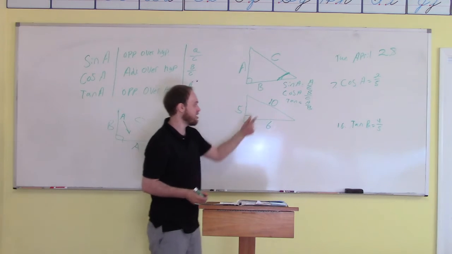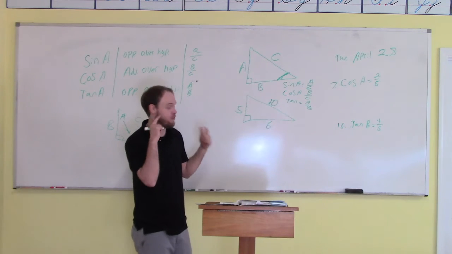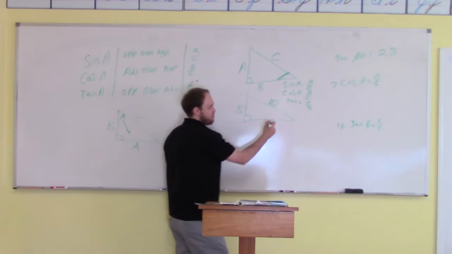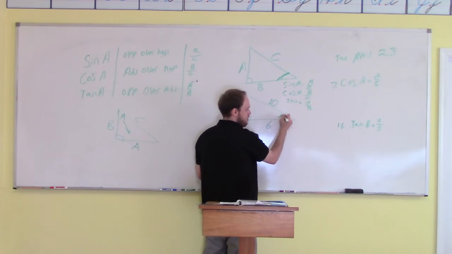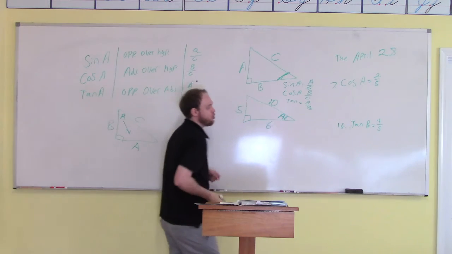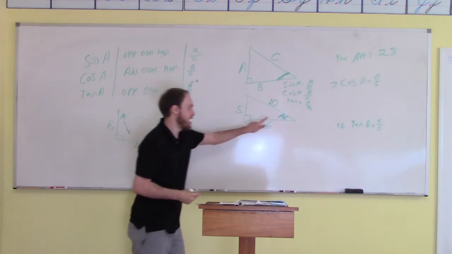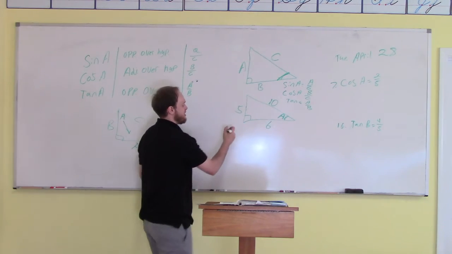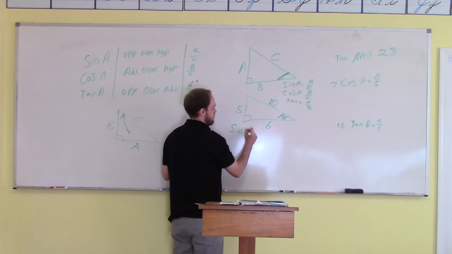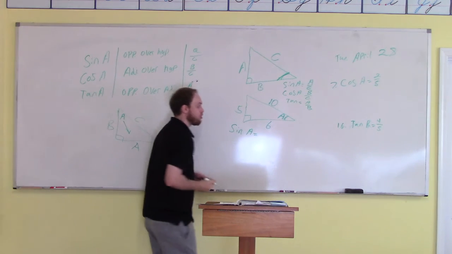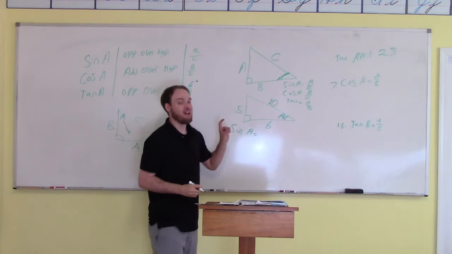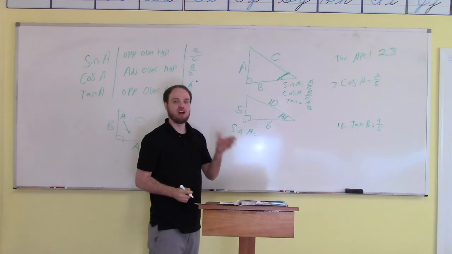The first time I go through, I will name this angle A right here, and I'm going to do the sine, cosine, and tangent for that angle. So I would do the sine of A equals opposite over hypotenuse.